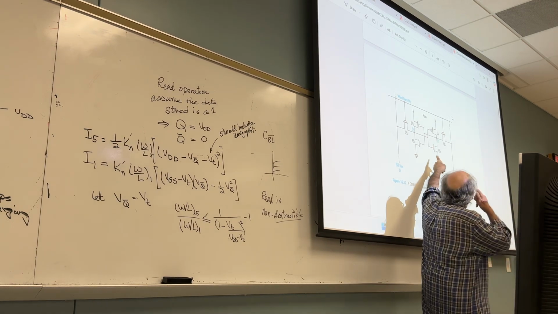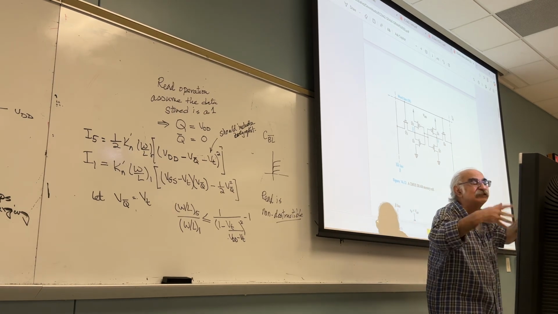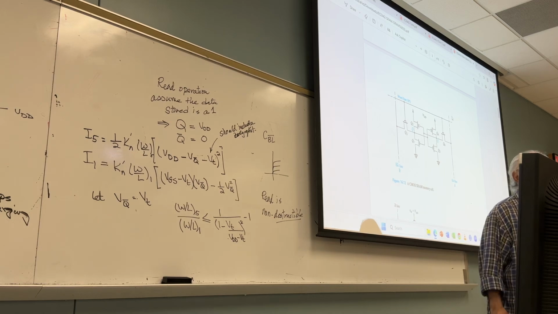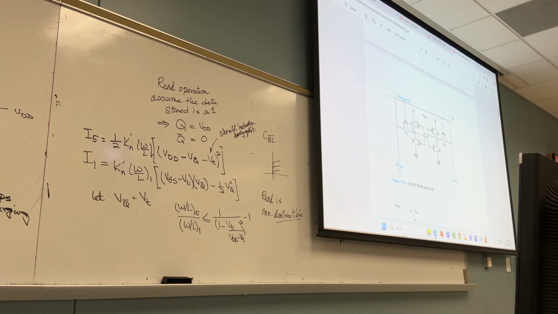Because we assume that what is being stored is a 1. It's easier to analyze the circuit. Although when they actually build it, most of the time they pre-charge it to VDD over 2. Clear? It takes less time to pre-charge to VDD over 2 rather than to VDD. Do you agree?